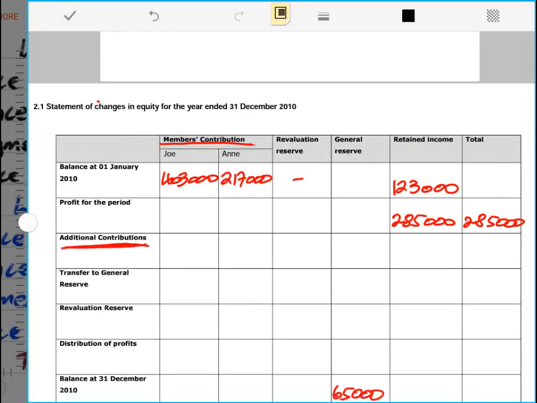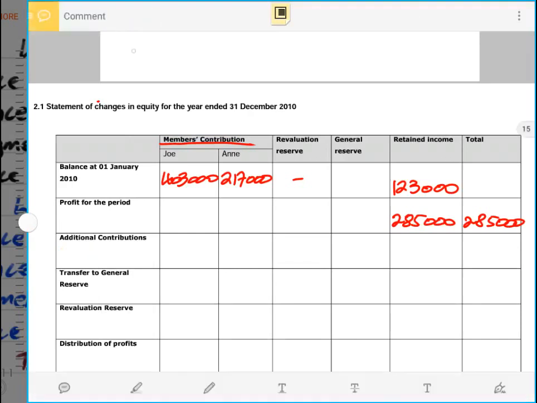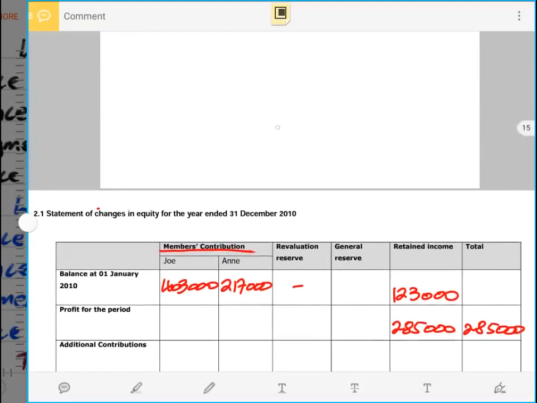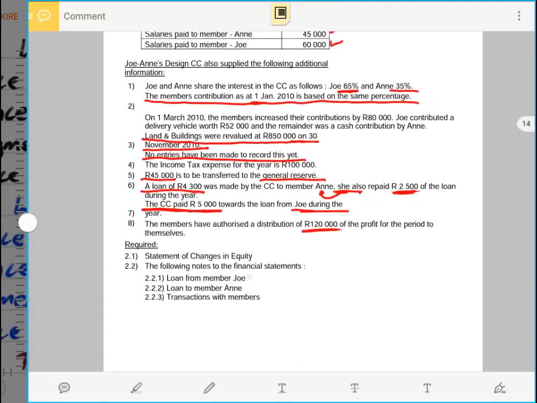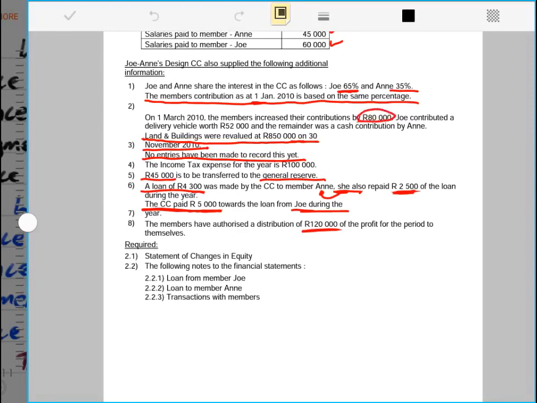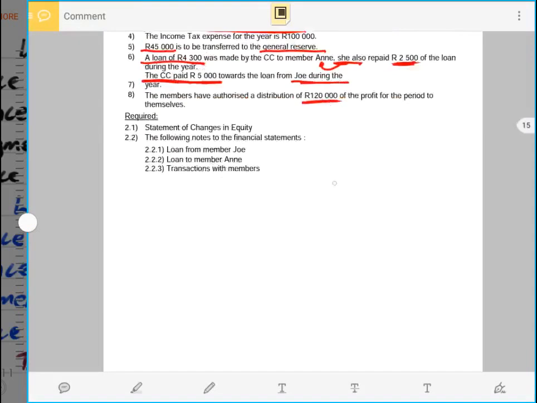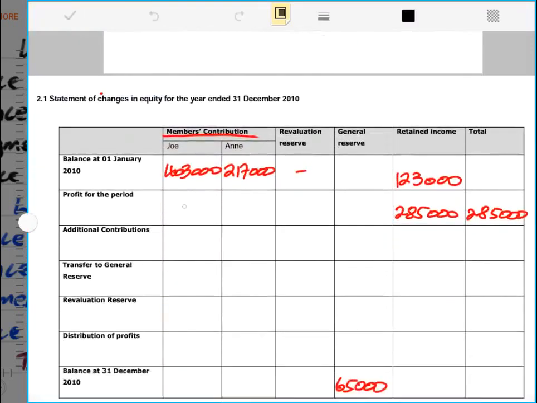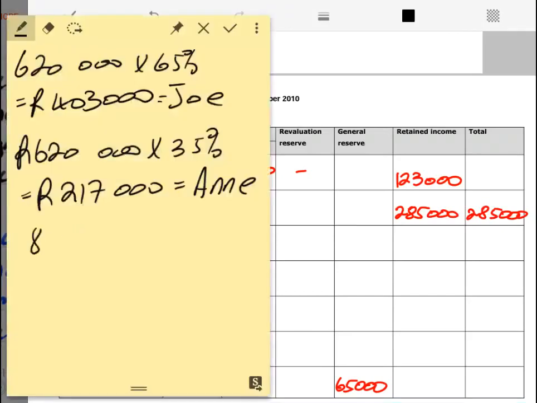And there was a capital that was contributed by the members during the year. The total of that capital contribution was 80,000 rands. Remember, this was 80,000 rands. And we were told that 52,000 rands worth of vehicle was contributed by member Joe. So now out of that, 52,000 rands was contributed by Joe, and we record that under the members' contribution.